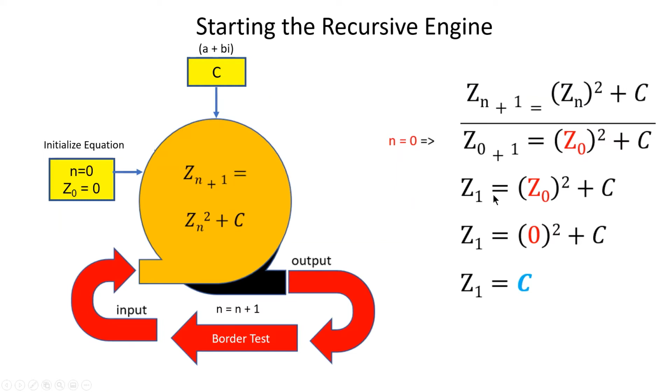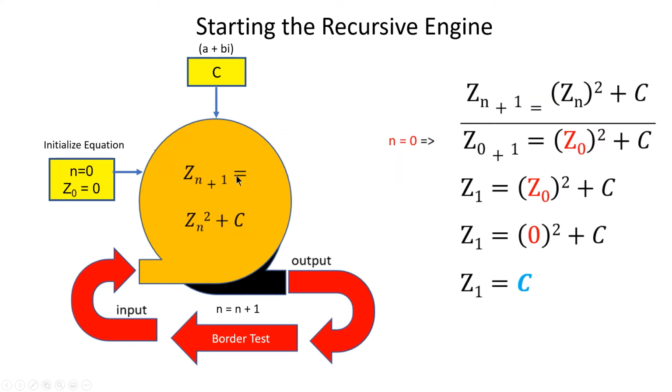So now we can say that z1 is equal to z0 squared plus c. What is z0? Well, z0 is 0. So we know that z1 is equal to 0 squared plus c. So that means that z1 is equal to c. So we know what z0 is, and now we know what z1 is.